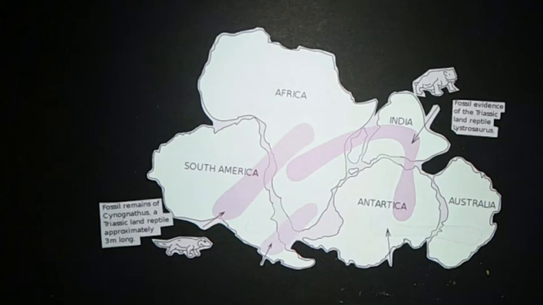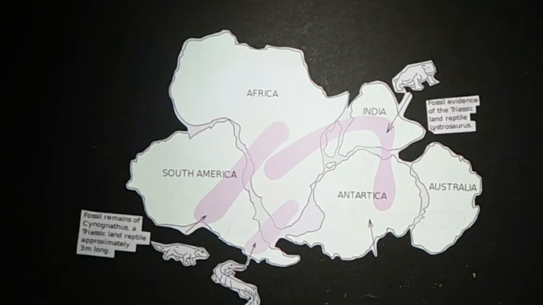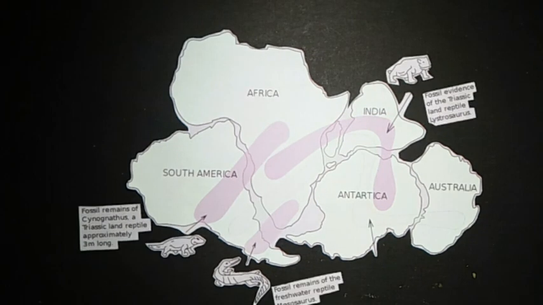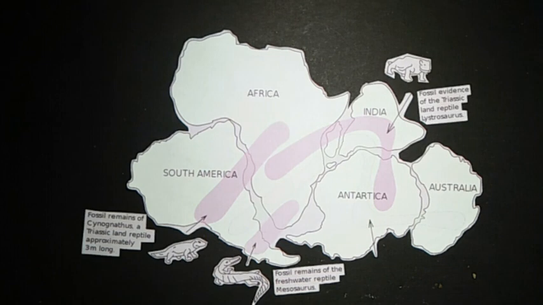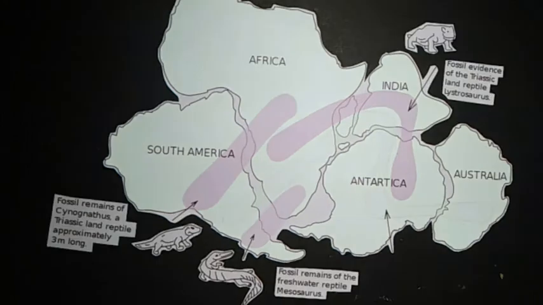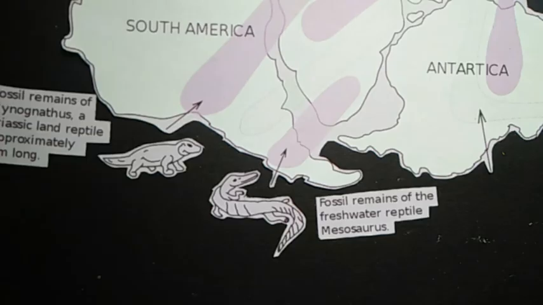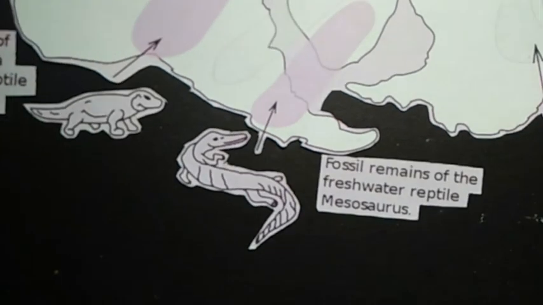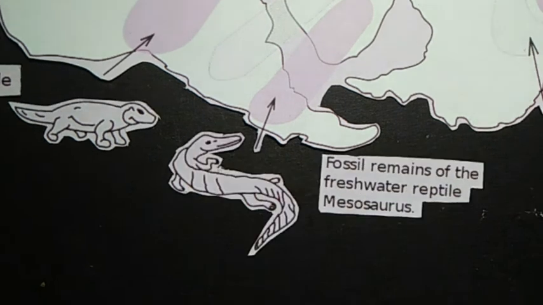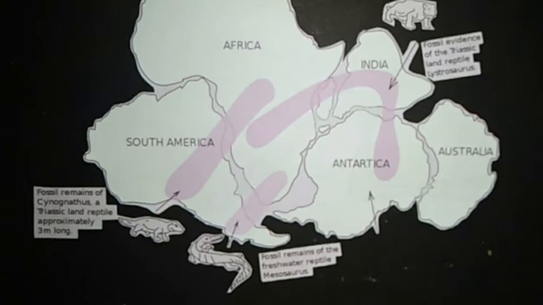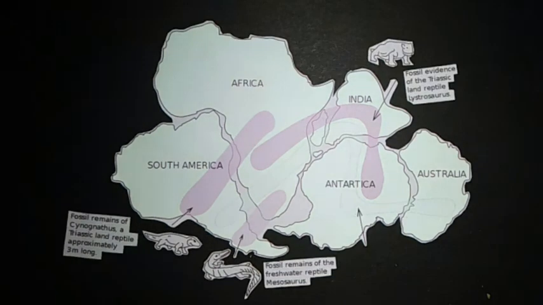Further through is the fossil remain of a Mesosaurus that can be found at the bottom tip of Africa and South America. And this animal can be distinguished as a family of the crocodiles, and this is a freshwater reptile.